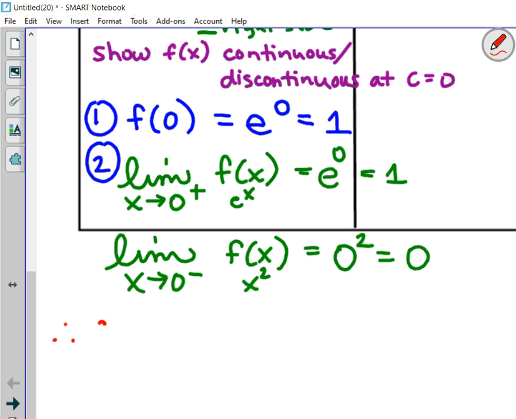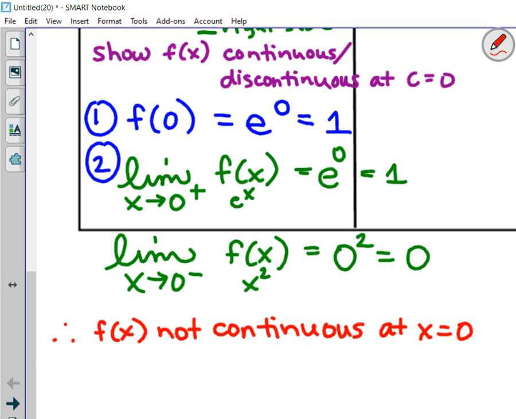I can say, therefore, f of x is not continuous, or discontinuous, whichever one you want to use, at x equals 0. And then I'm going to tell them how I know that.